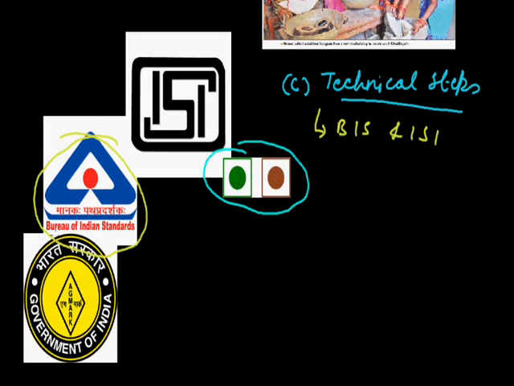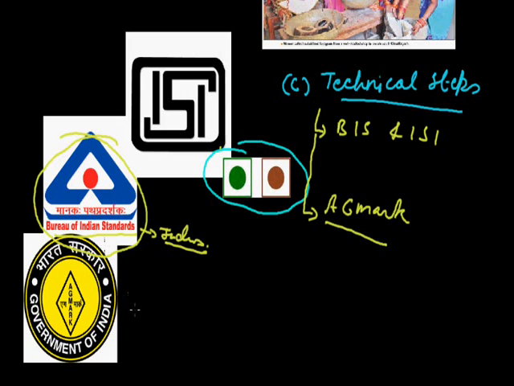BIS, Bureau of Indian Standards, sets the standards of industrial products, especially checks them and certifies them with this ISI mark. This ISI mark is given to industrial products. Why?